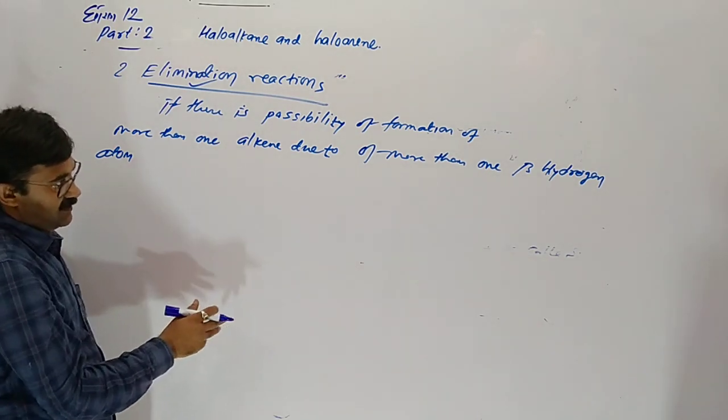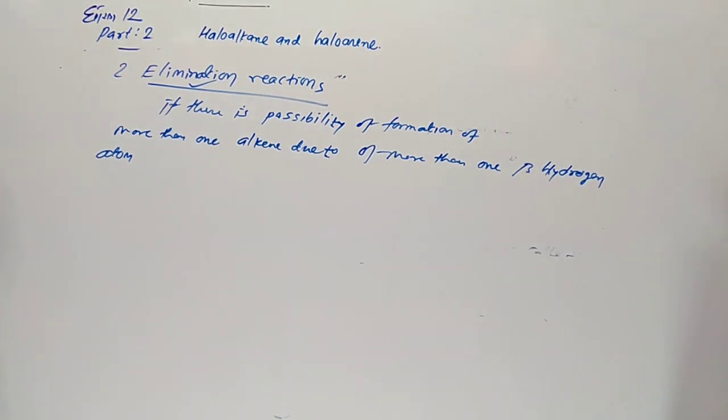In this case, many alkenes occur. Which one is the main?